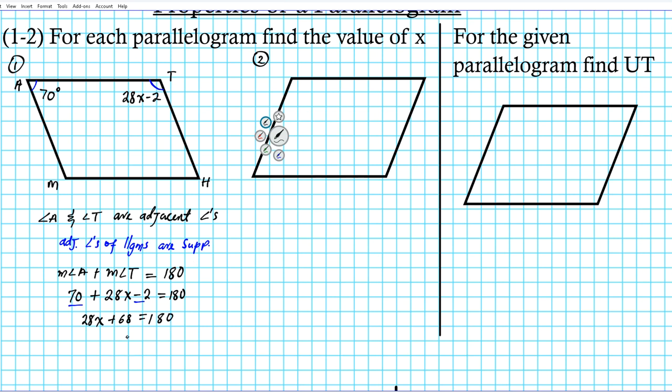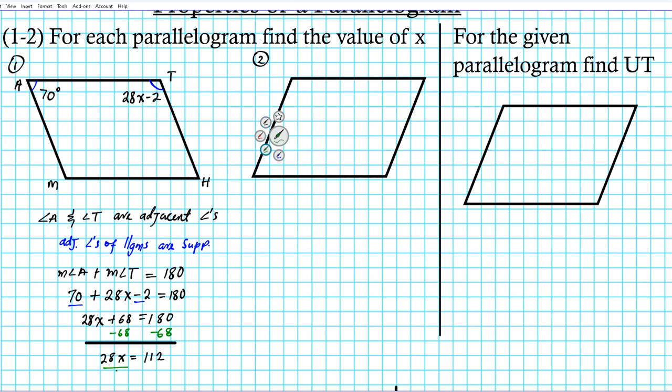To get x by itself, we're just simply going to subtract 68 and divide by 28. Subtract 68 from both sides of the equation, and we're going to get 28x is equal to 112.